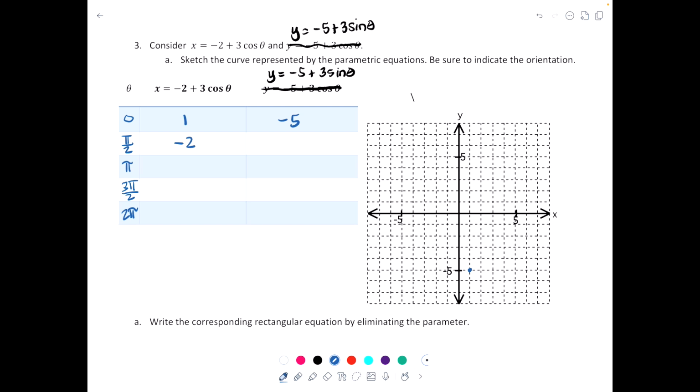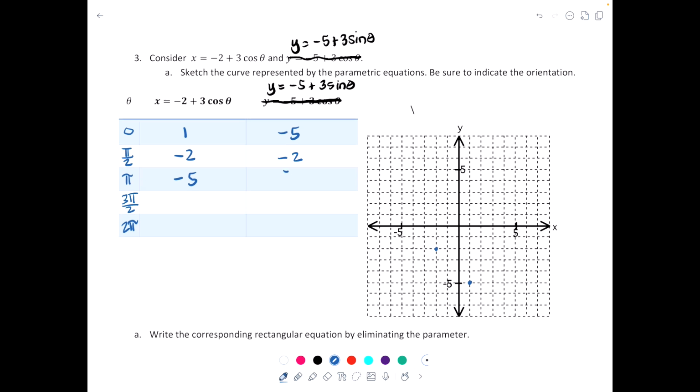The sine function is 1, so I'll have -5 plus 3, which is -2 for y as well. So we'll be at -2, -2. At pi, cosine is -1, so I'll have -2 minus 3, which is -5, and the sine function is 0, so y is -5.